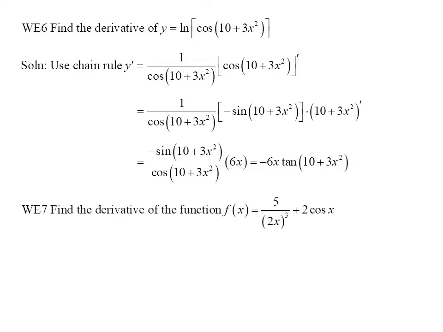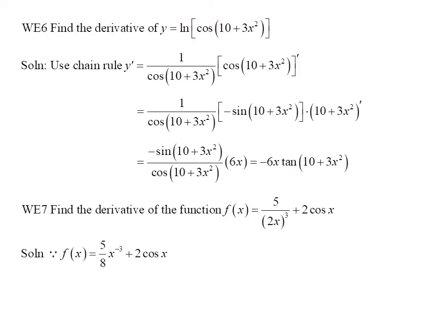Example 7 is to find the derivative of the function f of x equals 5 over the square of 2x plus 2 cosine x. To find the derivative of this function, the power and the trigonometry rules are applied.